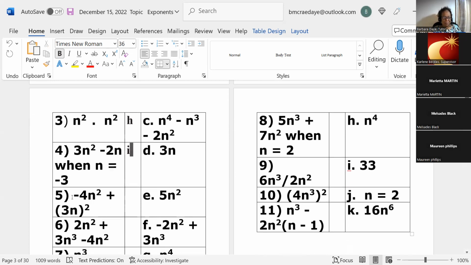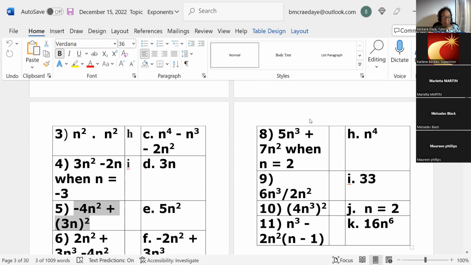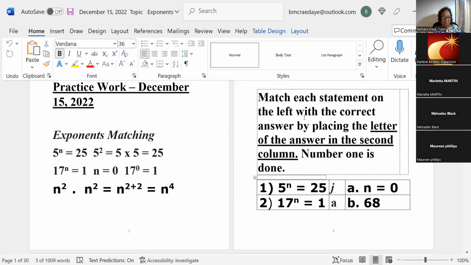Let me just copy that. This is -4n to the second plus 3n raised to the second. So let's just take this, and I'll put it here that this is number 5.